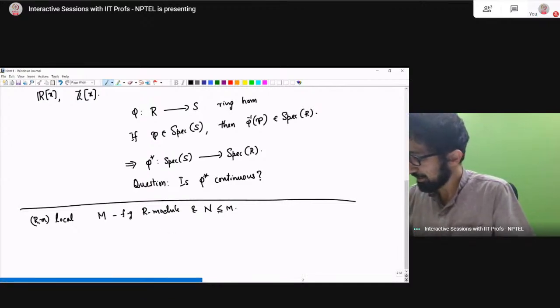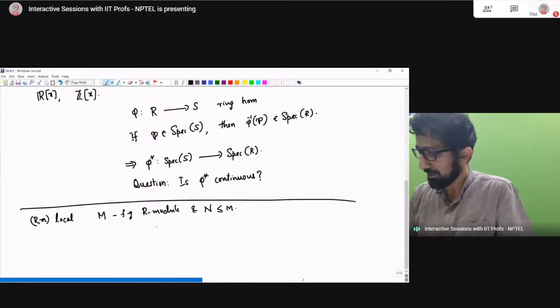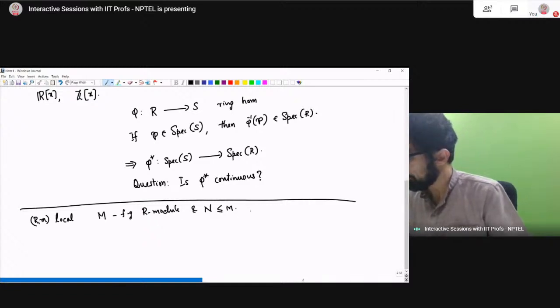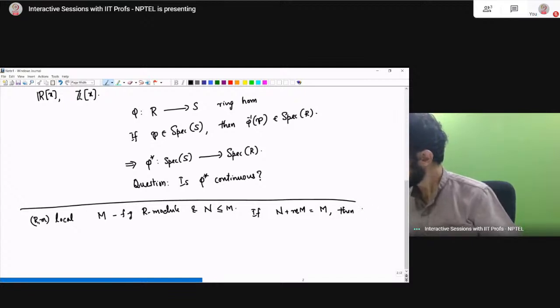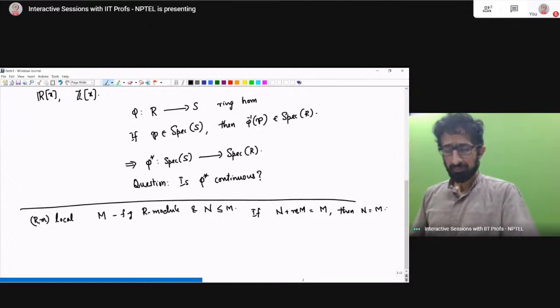So, what does the Nakayama lemma say in this one? If N plus mM is equal to M, then N is equal to M. Okay.